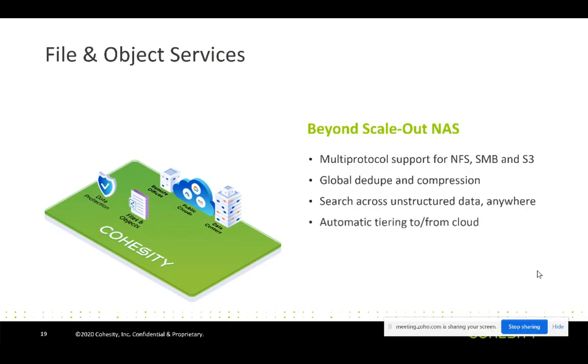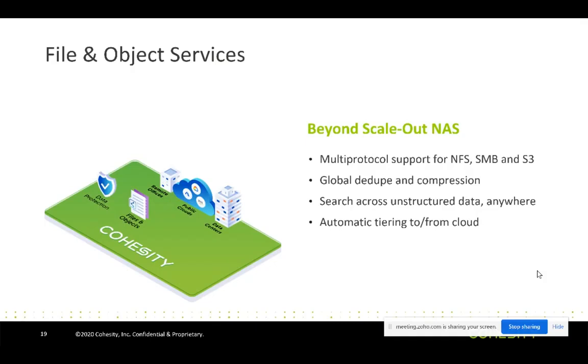Right. At the same time, we give the ability of doing tiering either to the cloud or from the cloud or from existing NAS storage. So you can tier down from that existing NAS storage you have on-prem to the Cohesity, and we run it as a policy, and we check the age of the file.